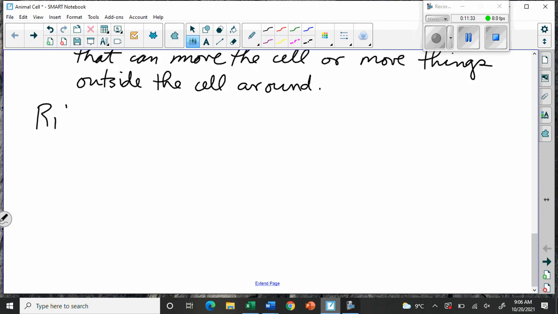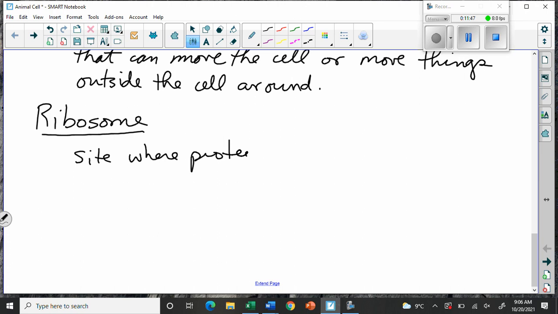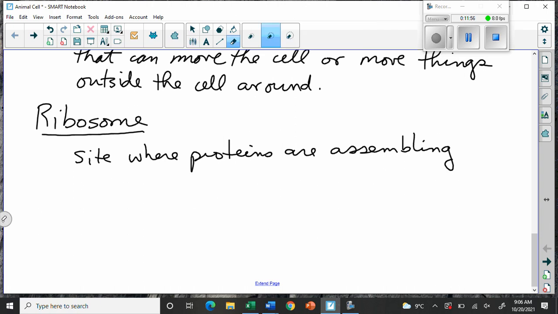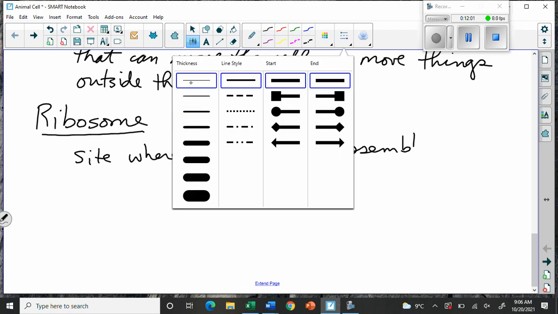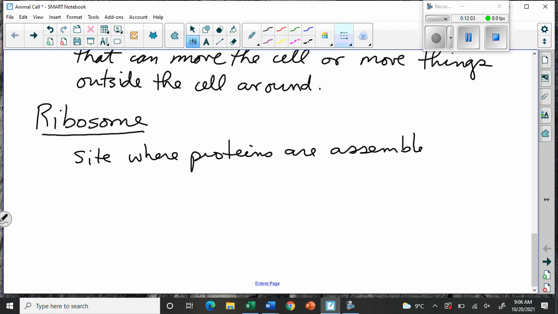Ribosome. Ribosome is the site where proteins are assembled. And it's quite interesting when you look at the actual mechanism of this, which you'll study in your grade 12 biology class, you're going to learn the details of this process.